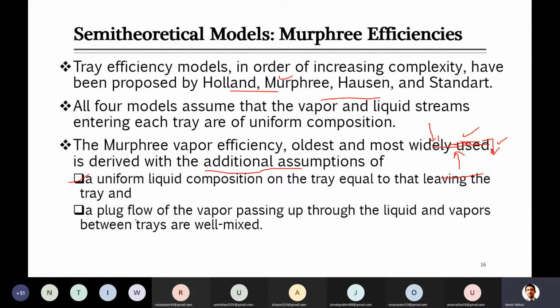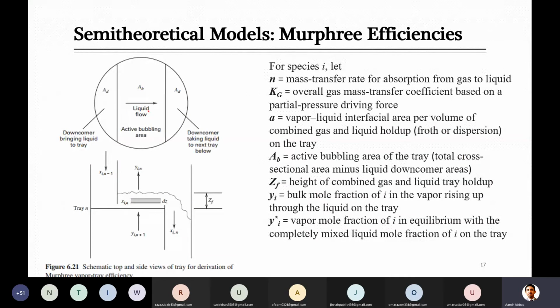And the other assumption was plug flow of vapor passing through the liquid, and the vapor passing through is also well mixed when it reaches the plate or tray. So these were its assumptions, and although we will not go into a detailed derivation, this is one of the trays shown as well.